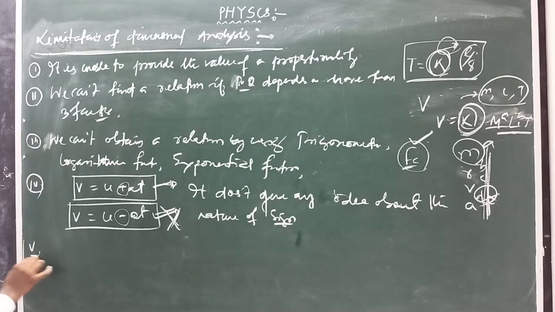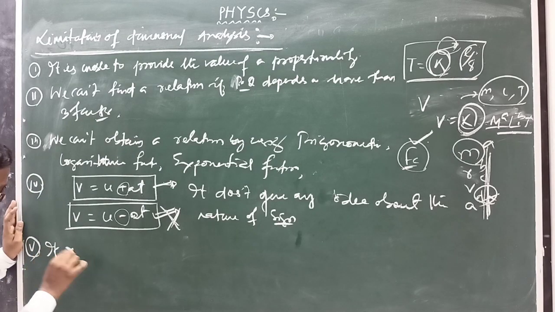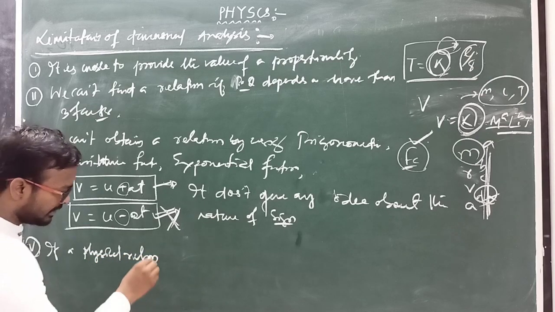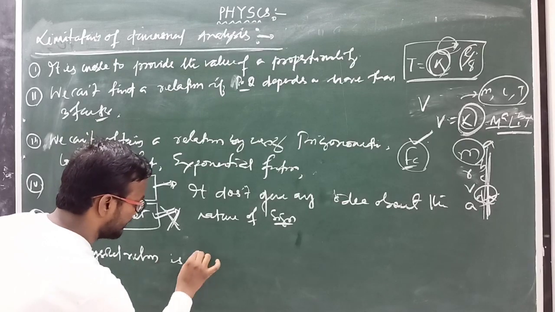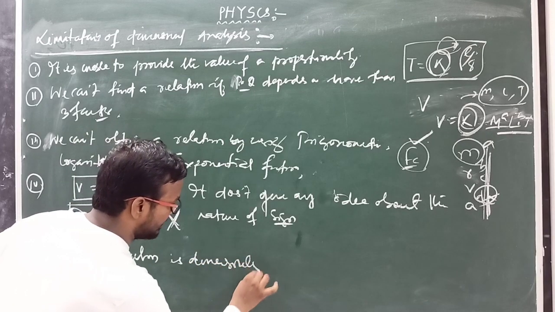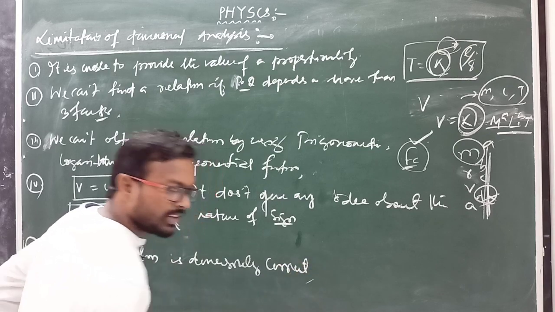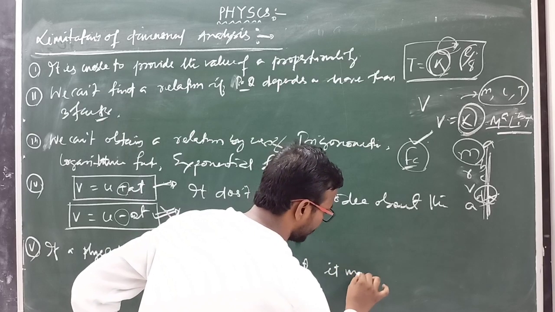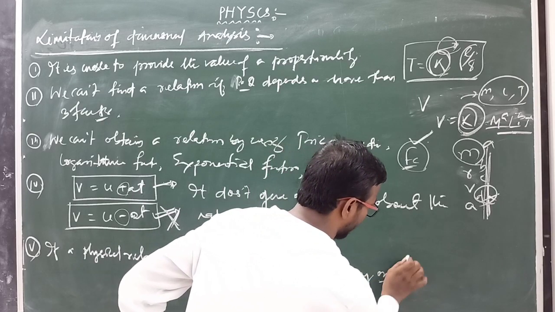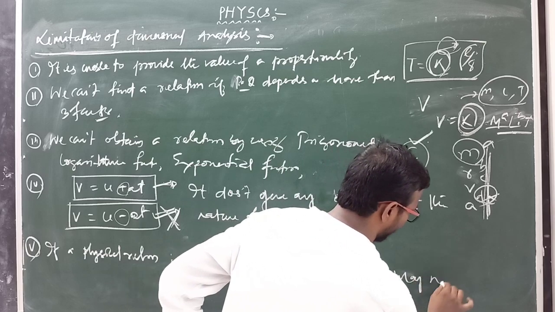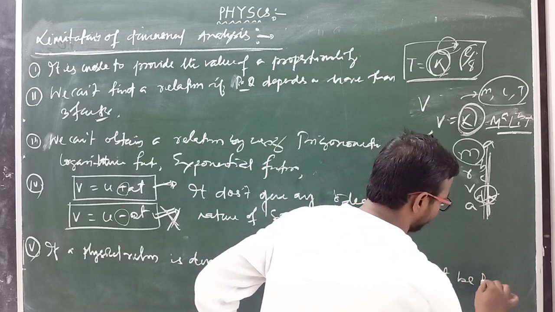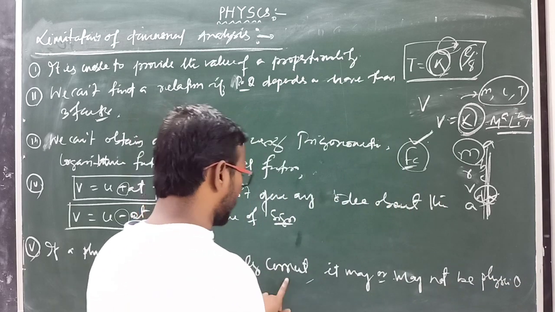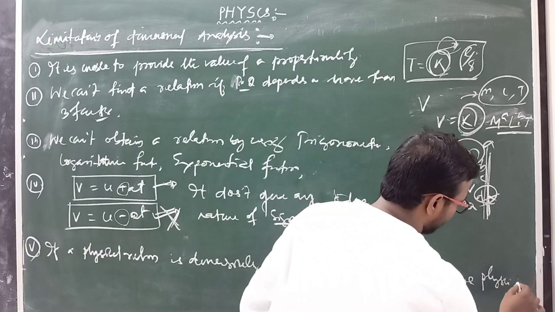Clear? Okay. And next limitation, if a physical relation is dimensionally correct, it may or may not be physically correct.